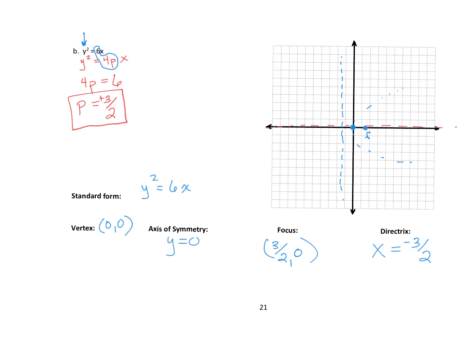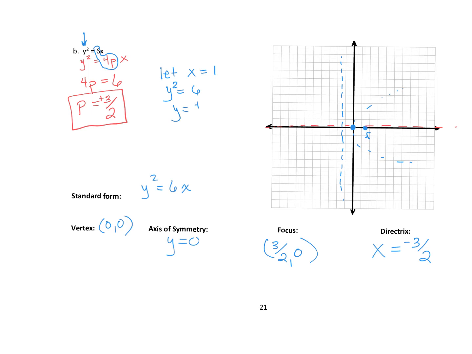And then before I sketch it, again, I'd like to know how wide it is. So I'm going to let x equal 1. It seems pretty straightforward. So y squared equals 6.